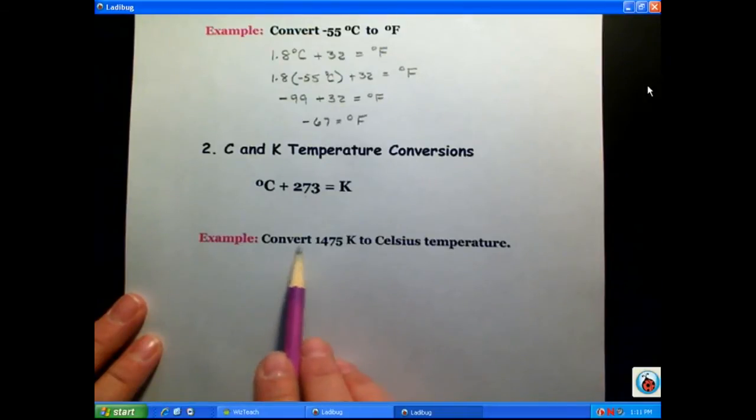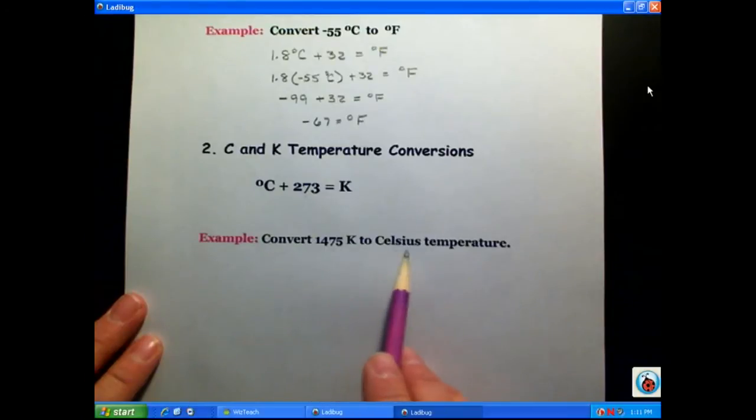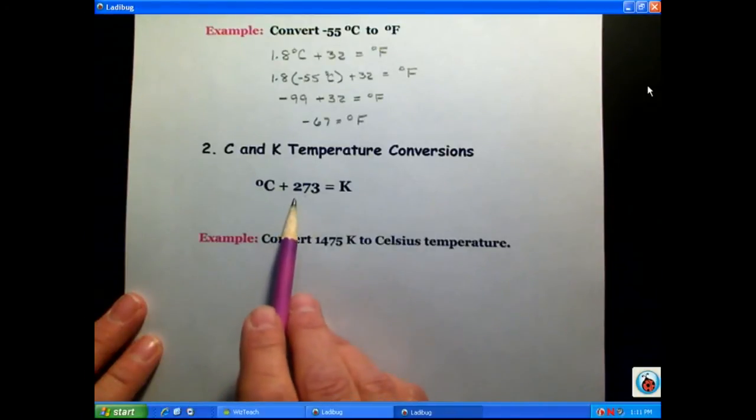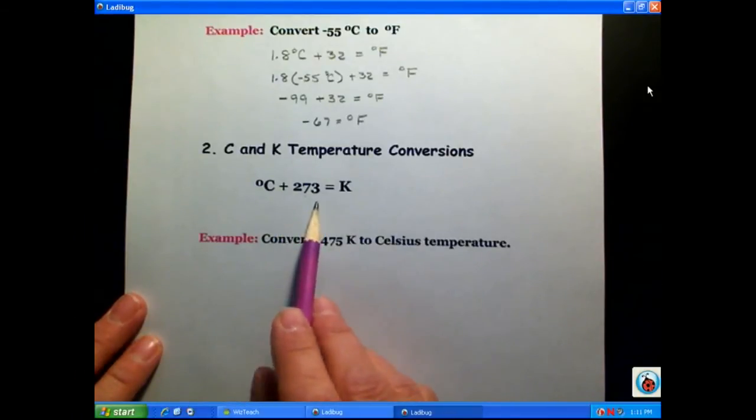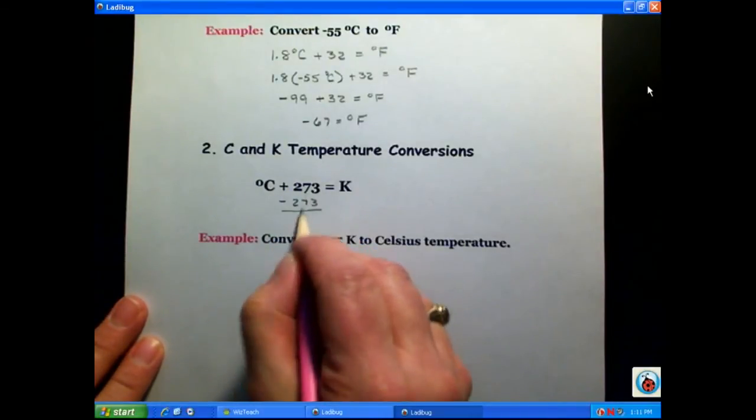So an example, convert 1475 K to Celsius temperature. All you have to do is rearrange this formula. If you subtract 273 from both sides, that will give you 0.